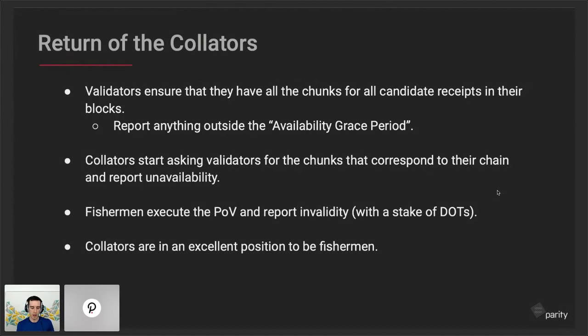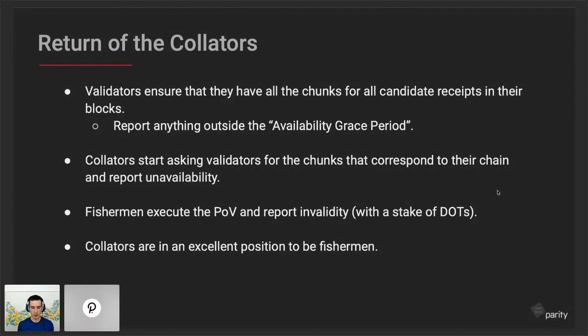Sorry. The collators are going to start asking for the chunks that correspond to their chain. Before this happens, say you're a validator and you receive a block that has some candidate receipt in it, but you don't have an erasure coding chunk for it. We're going to have a block limit called an availability grace period.